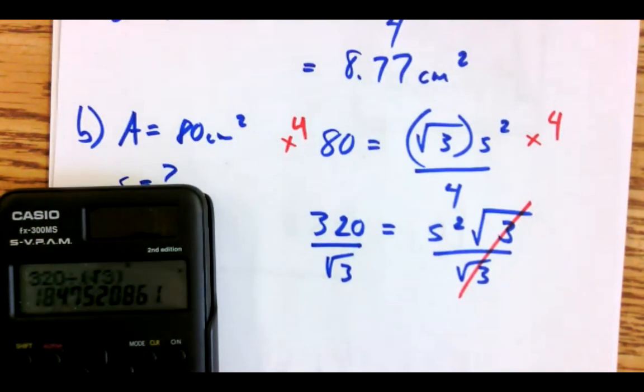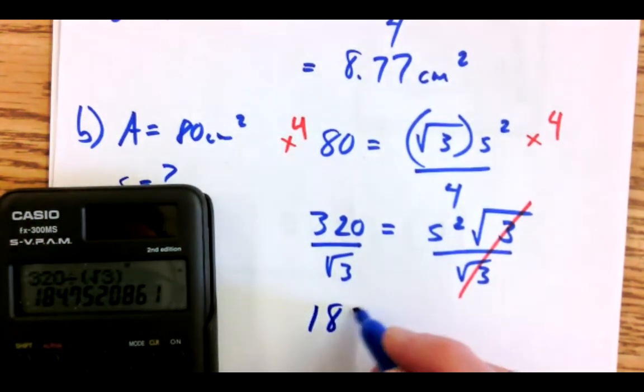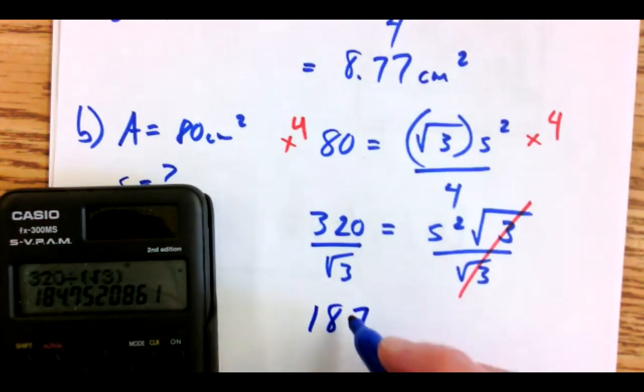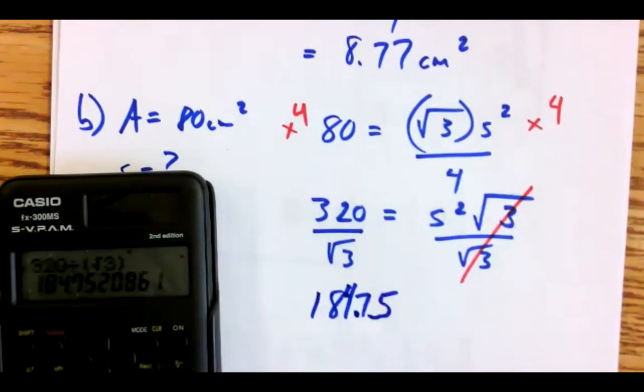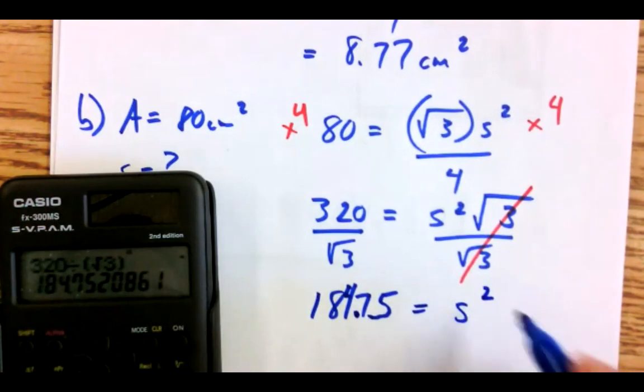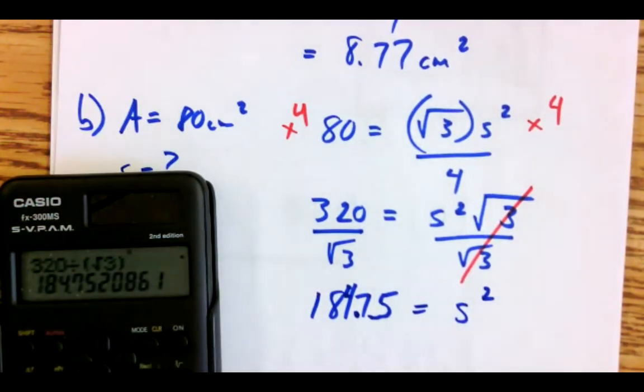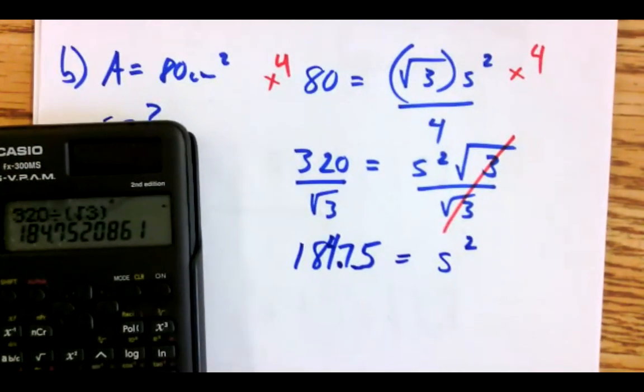So 320 divided by the root of 3 is 187 point, no, it's not. It's 184.75. See how I figured that out? 184.75 equals s squared. So what do I do now? The square root.